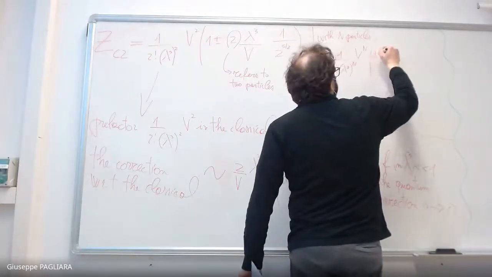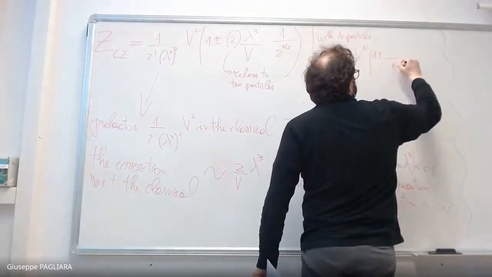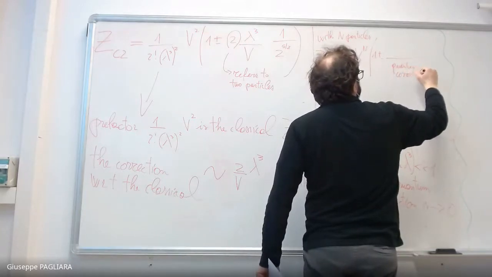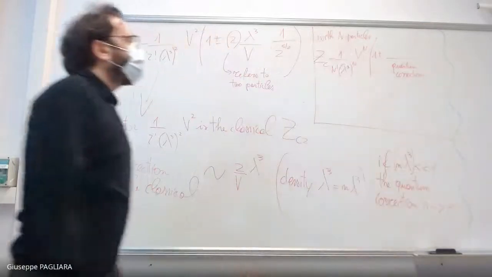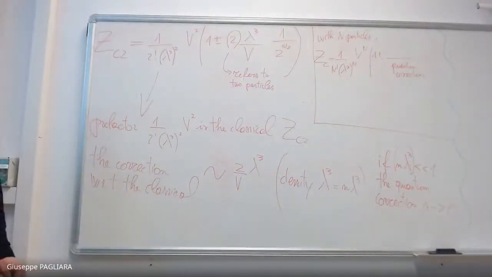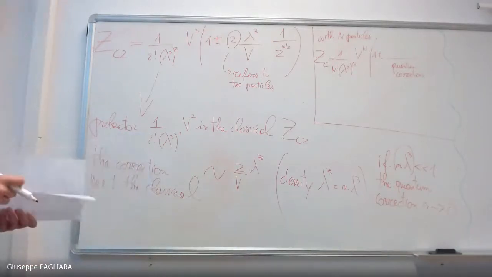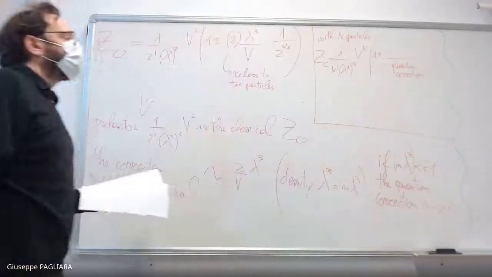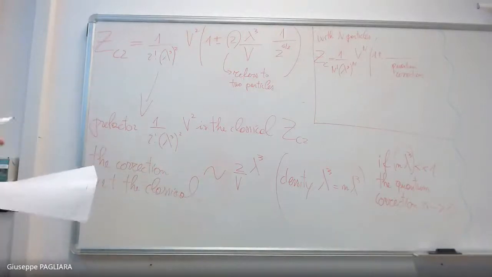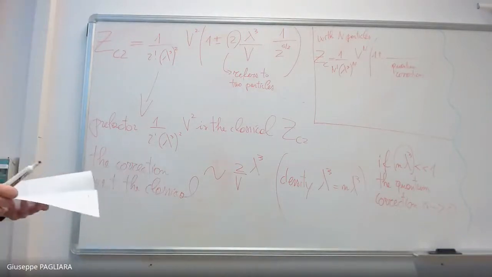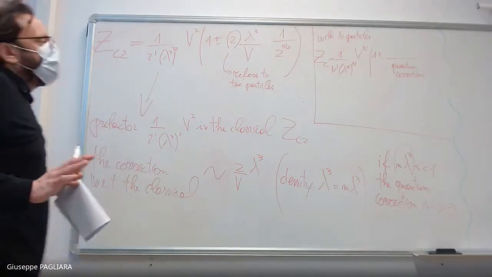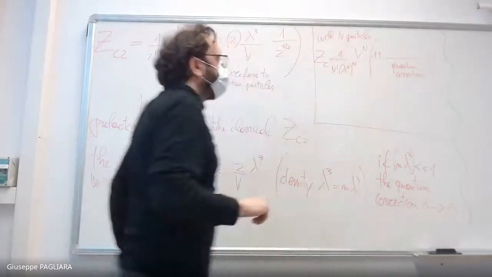Then I have a 1, and then here I have the quantum correction, which comes from the exchange of two particles, exchange of three particles, 4, 5, etc. But computing those corrections in the canonical ensemble and in this coordinate basis is a very difficult task, and actually it's not very useful, because now we understood where the classical case comes from.